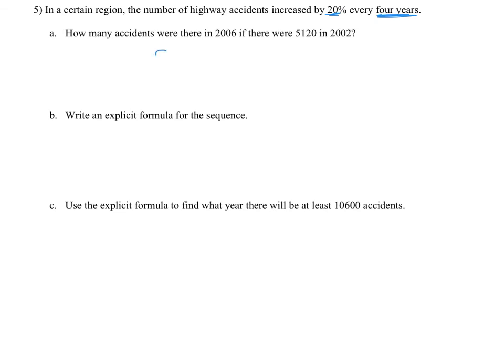So in 2002, there were 5,120 accidents. If it went up 20%, I multiply it by 1 plus 20%, or in other words, that's 120%.